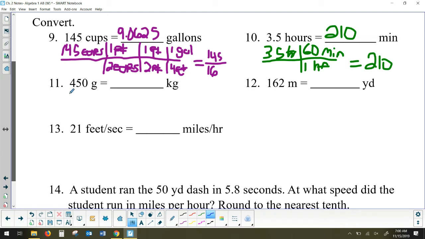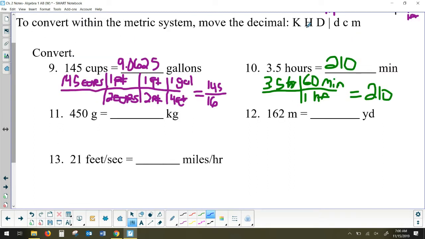Next, we have grams, we want kilograms. You have 2 options here. You can go up here, you can look at this table. We have 450 grams. We look to go from grams to kilograms. 1, 2, 3. You'd have to move your decimal 3 spots.